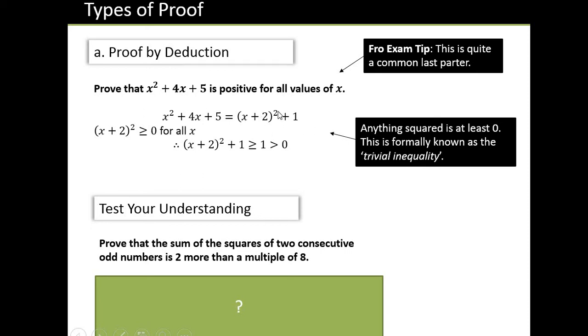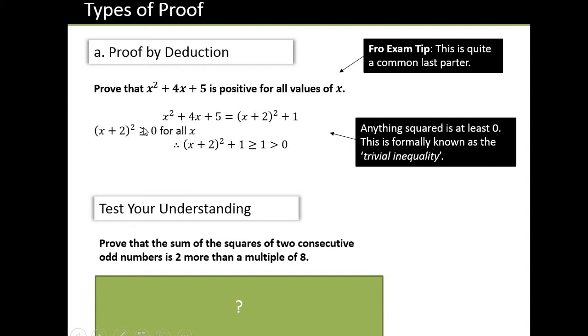Now this is the important thing you must then explain. You need to understand that if you square anything, it's got to be at least 0. So, you could have a negative number here, couldn't you? Something like -10. -10 add 2 is -8. But when you square it, it will become positive. So the lowest that expression can be is when x is minus 2, and then you'd get 0 squared is 0.